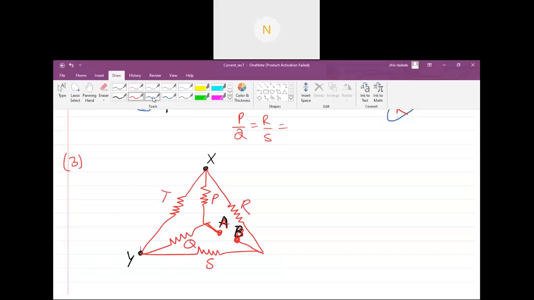Do your wire method over here to figure out how it's Wheatstone, the method that you showed to figure out the potential.